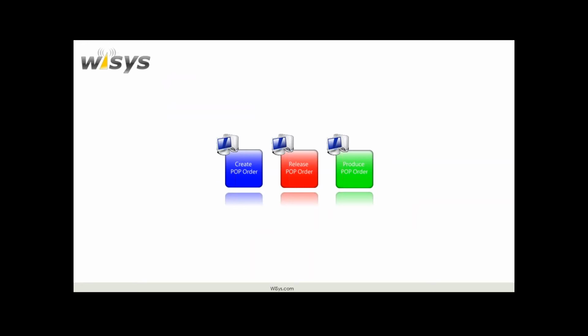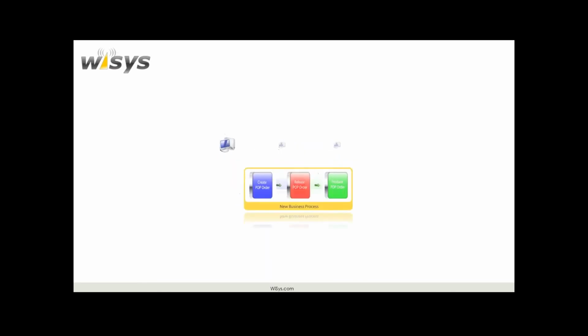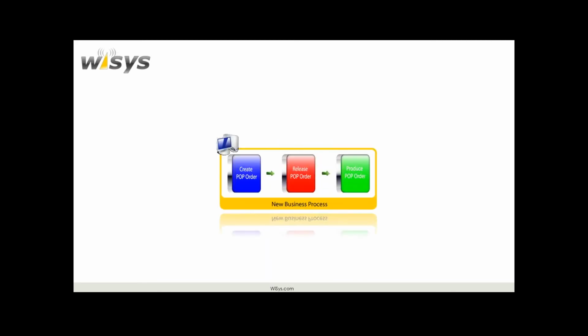So if we were to string those together as one transaction, as our objects are structured to do, and if something fails, roll that back, that now becomes one new business process. And so now we've taken an existing set of Macola transactions, we've strung them together, and now we've created a whole new Macola transaction that didn't exist before.